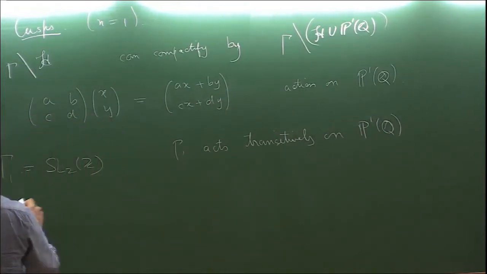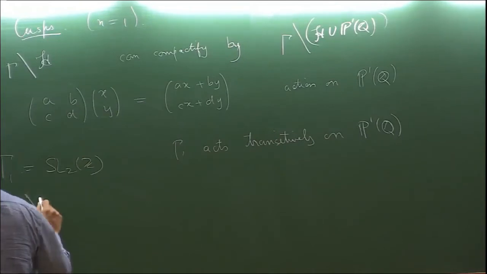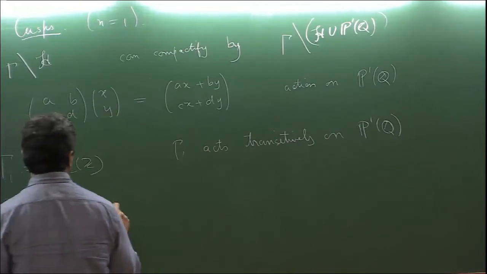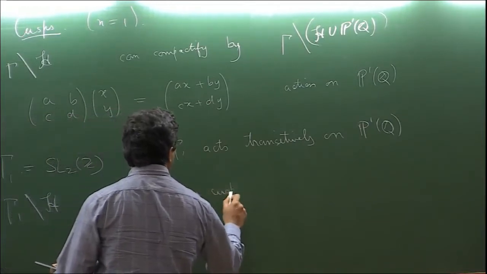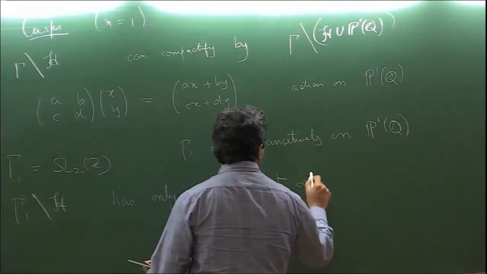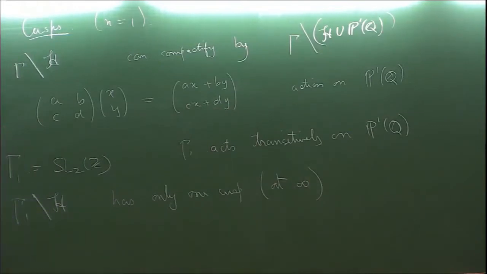And so gamma 1 H has only one cusp at infinity. I'll use both these facts a little later, again and again. Okay, so cusps. Good.